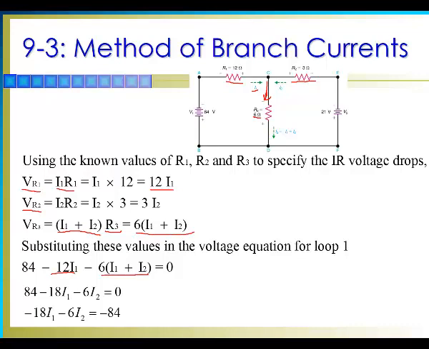We distribute this 6 in the parenthesis and simplify, and we end up with a very simple equation that says negative 18 times I1 minus 6 times I2 equals negative 84. That is the equation of loop 1 in terms of the currents.